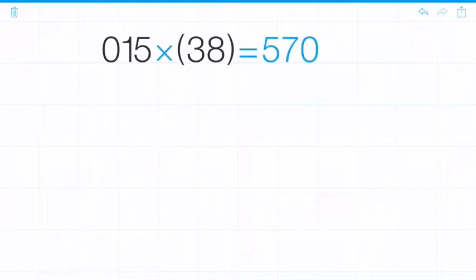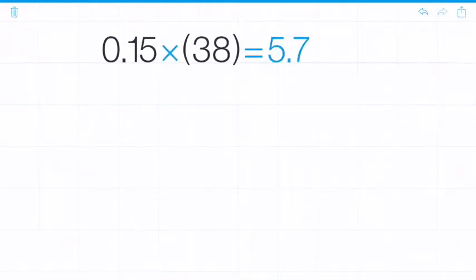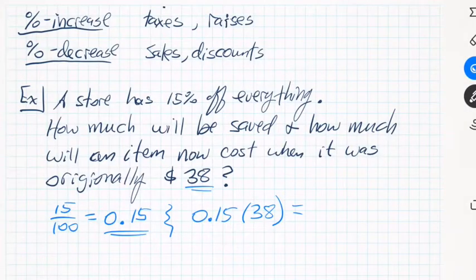So 0.15 times 38 equals 5.7. Now we're talking about money, so I'm going to put a zero here and a dollar sign in front. So the discount is going to be $5.70.